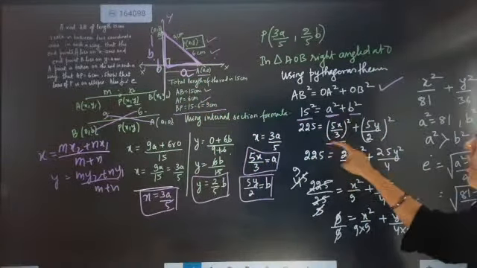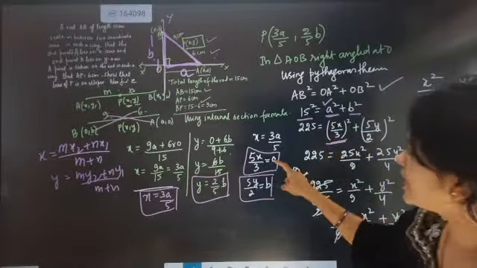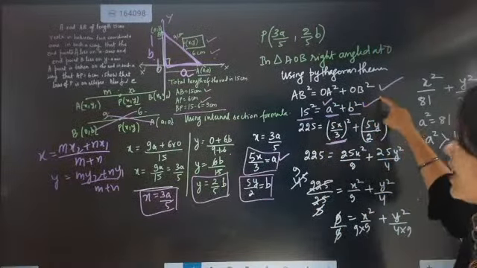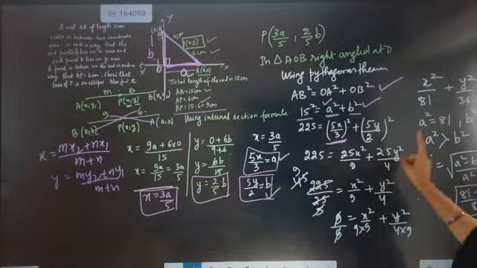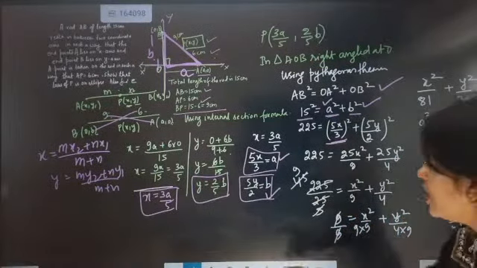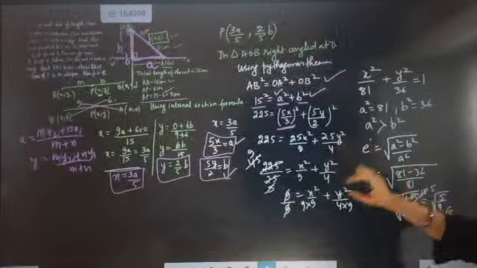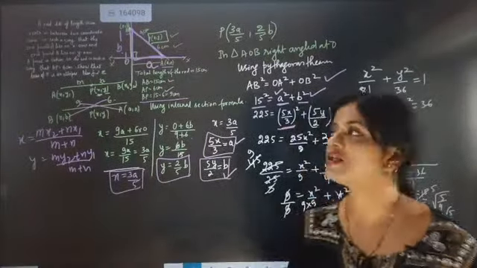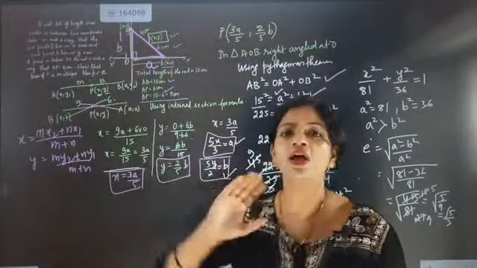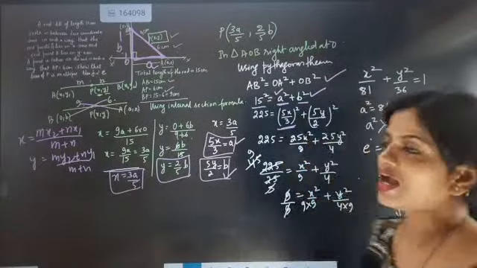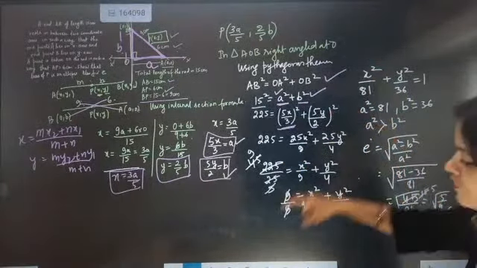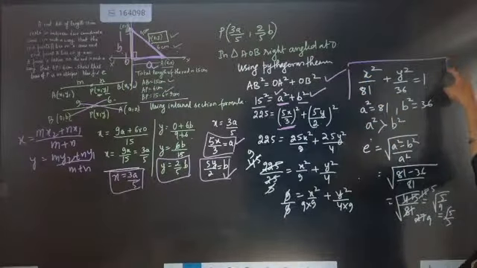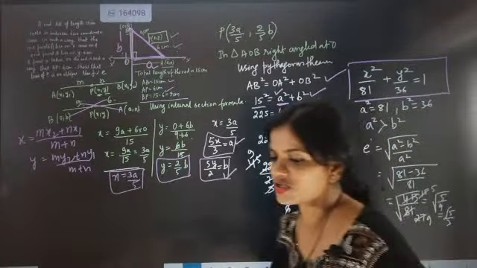So instead of a I substituted this value, and instead of b I substituted this value, and after solving we got the equation of ellipse. They were asking whether we will get an equation of ellipse on solving this question. 100% after solving, we got the equation of ellipse.